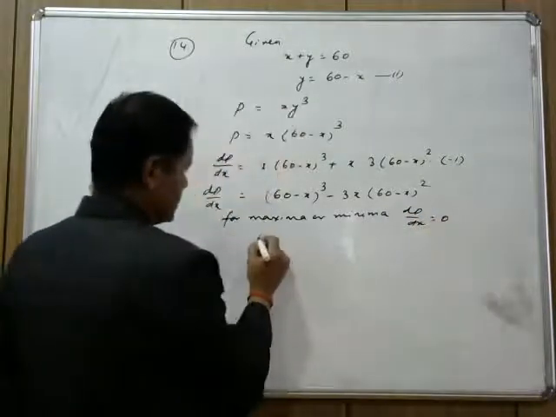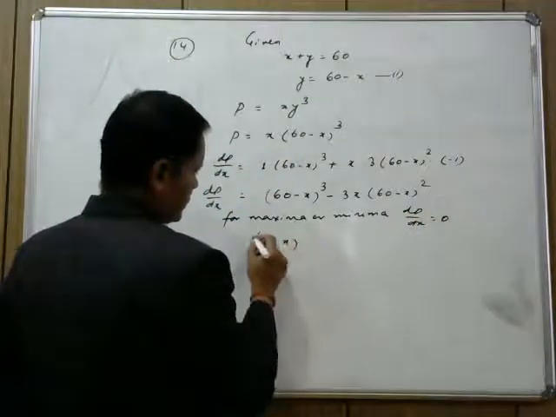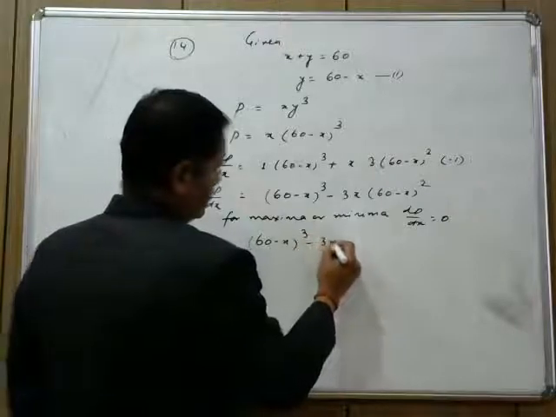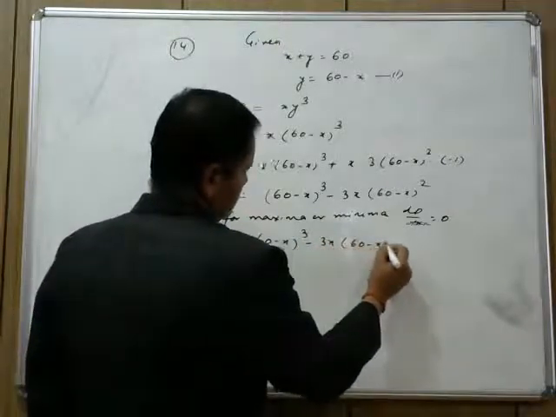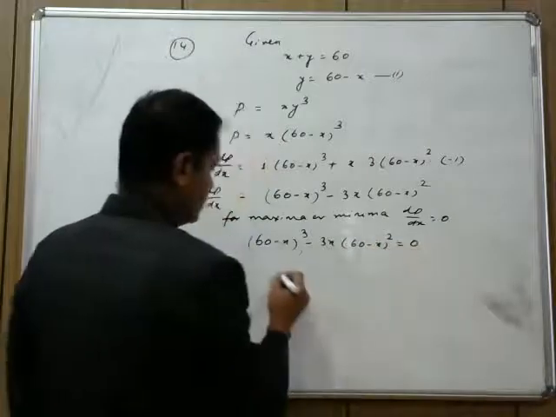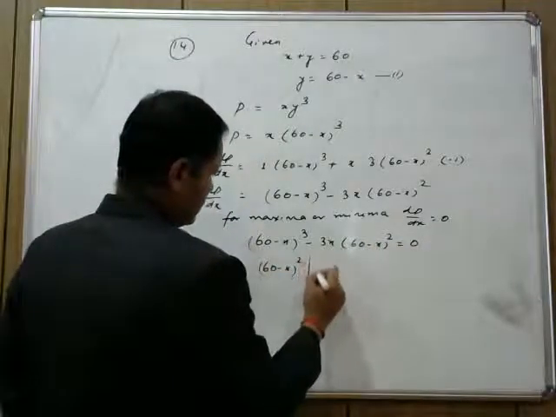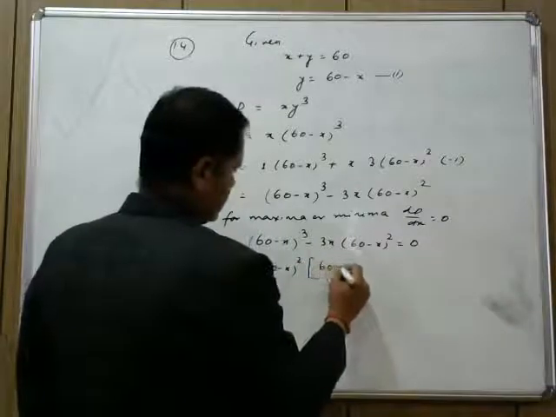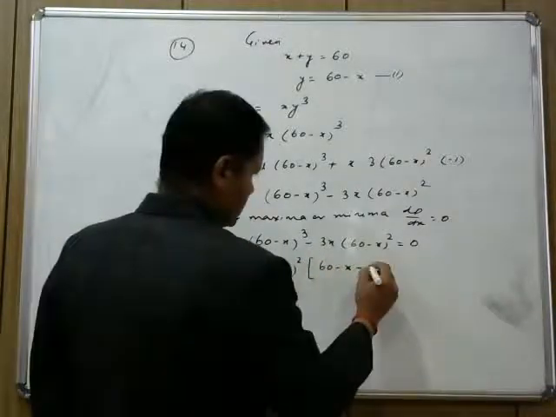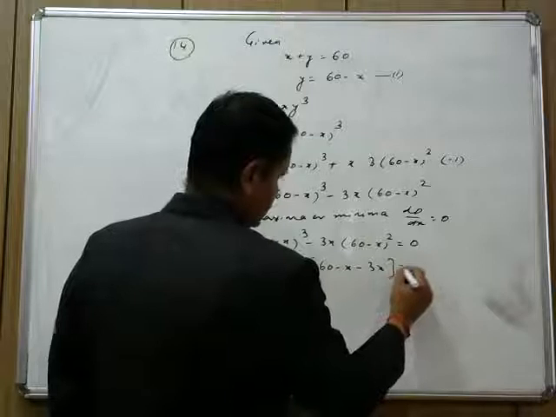It means 60 minus x whole cube minus 3x into 60 minus x whole square equal to 0. That means I can write 60 minus x whole square in bracket 60 minus x minus 3x equal to 0.